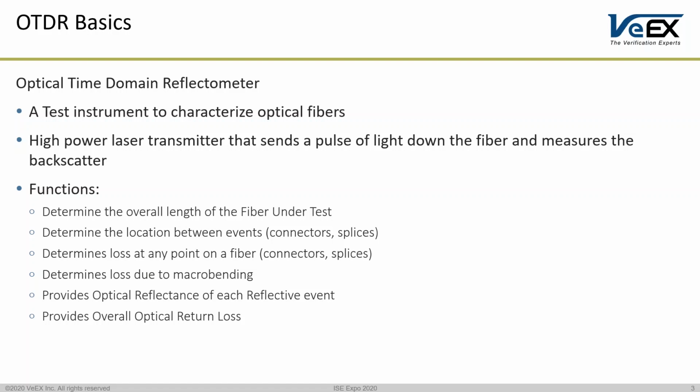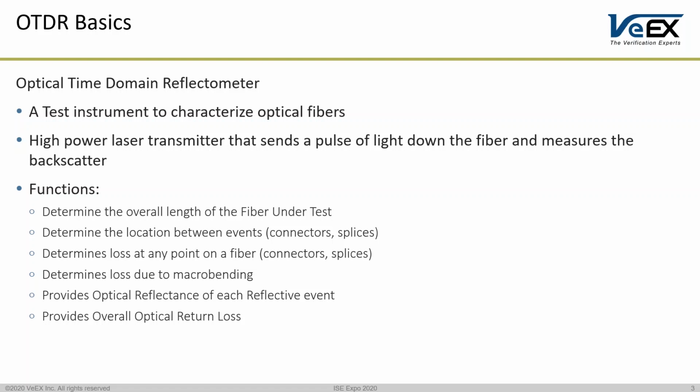It also allows you to verify your system: how many splices, connectors, any events along the fiber are in place. And the majority of the time, you also want to know the total length of the fiber. So it helps determine the overall distance of the fiber under test.